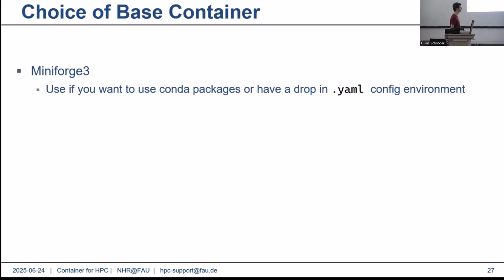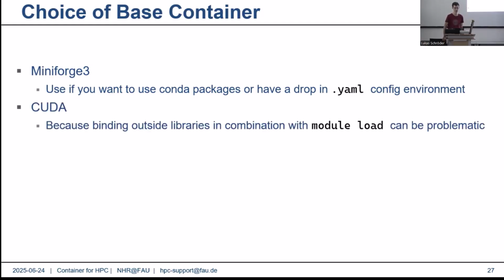So now is the question, when I have a project, what should my base container be? So let's start with some examples that we have already seen. If you use Python with Conda, the go-to solution is to use Miniforge. Then if you use any CUDA programs, you could try binding our CUDA setup inside of your container, but we encountered some issues with it.